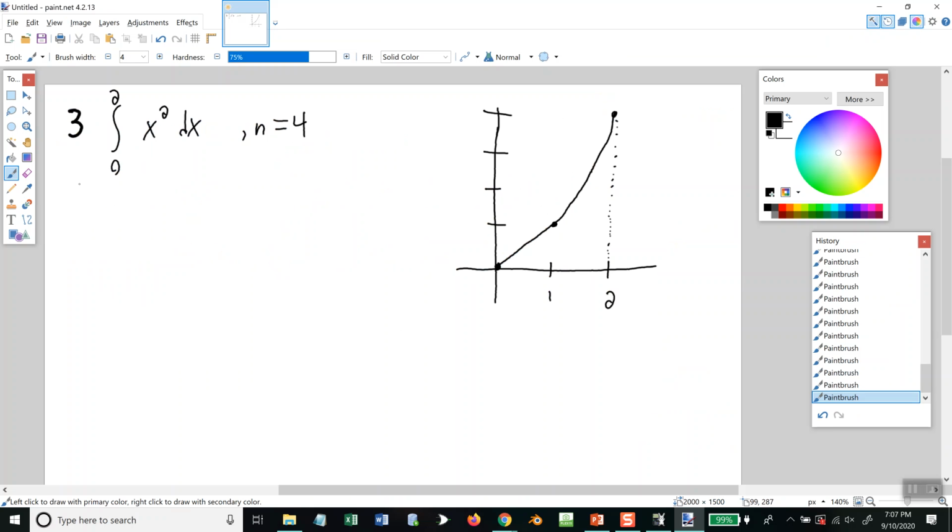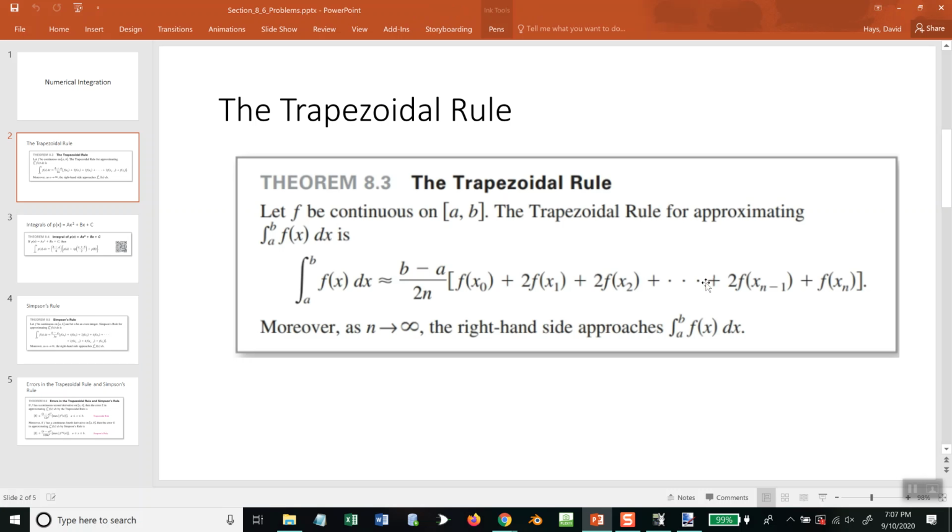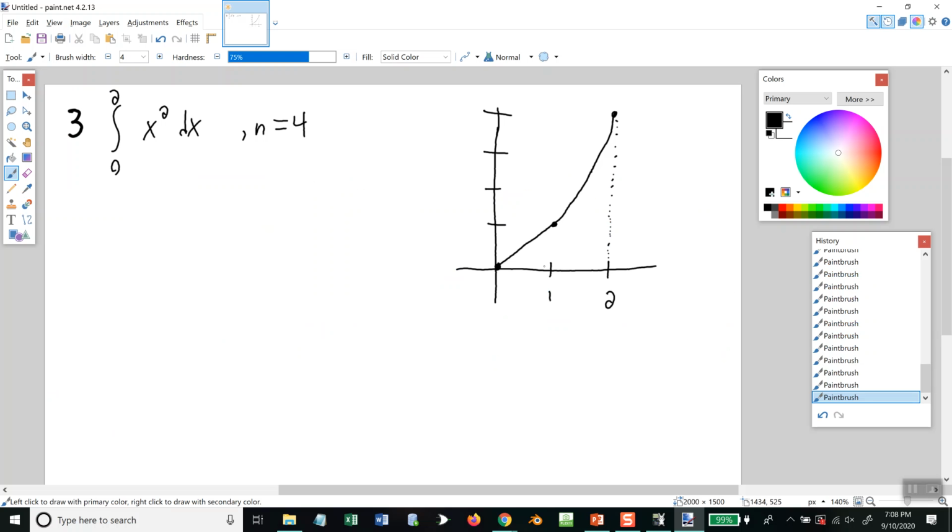Okay, so from our formula, the trapezoidal rule is given by this right here. n is equal to 4.